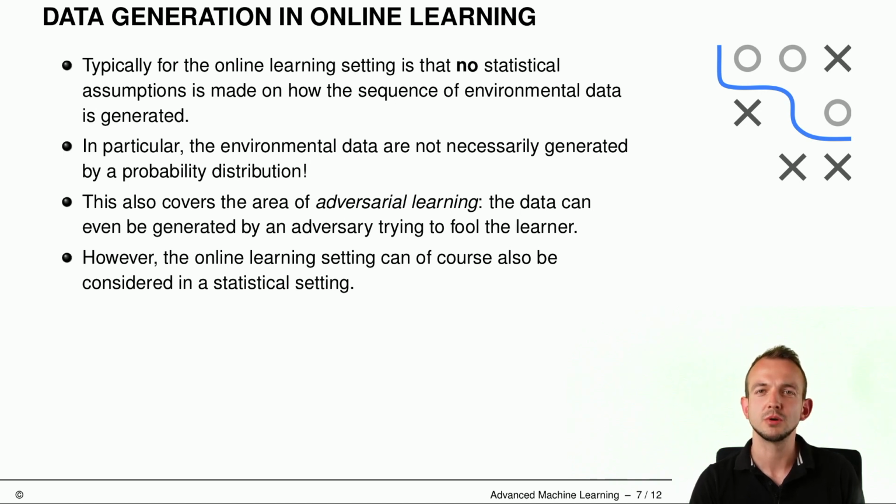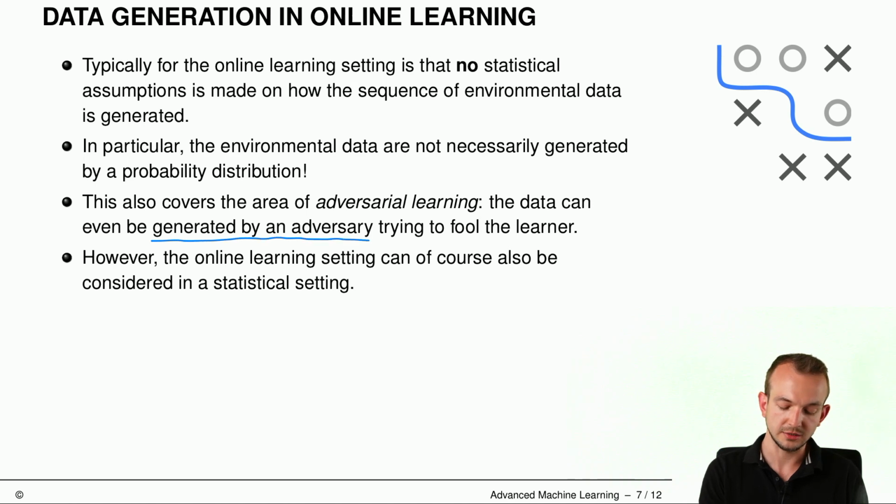Because if you want to model the game learning scenario, then it's quite unnatural to assume that there is a probabilistic law behind that, but rather that the adversary is doing something strategic, in the sense that the data is generated such that the loss should be as large as possible for the learner.